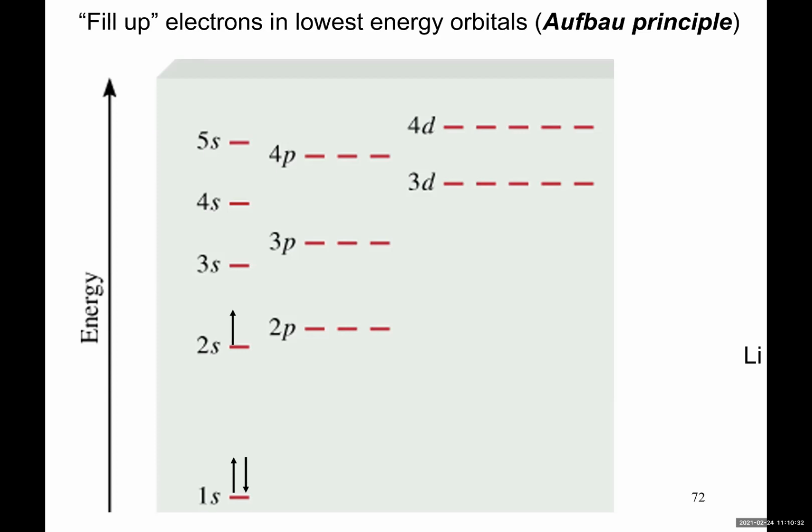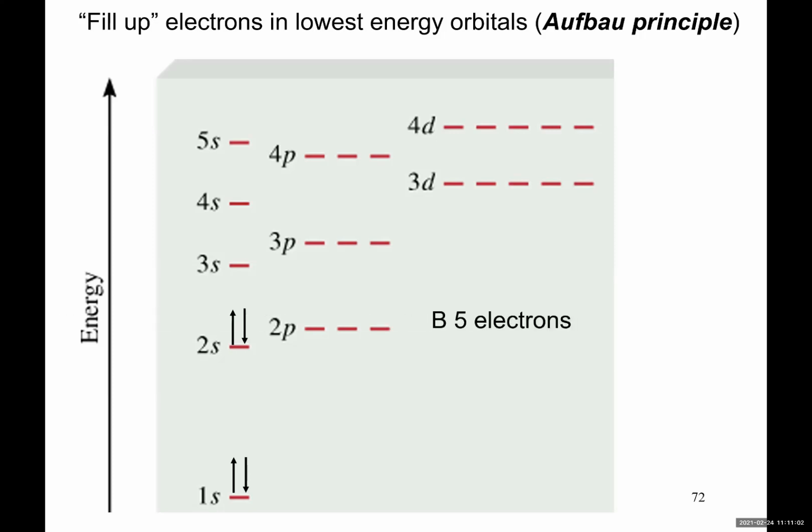So what is the configuration of lithium? 2 electrons in 1s and 1 electron in 2s. What about beryllium, which has 4 electrons? Can you guess? Yes, the 4th electron can pair up with the other electron in 2s. So now the configuration is 1s2 and 2s2.